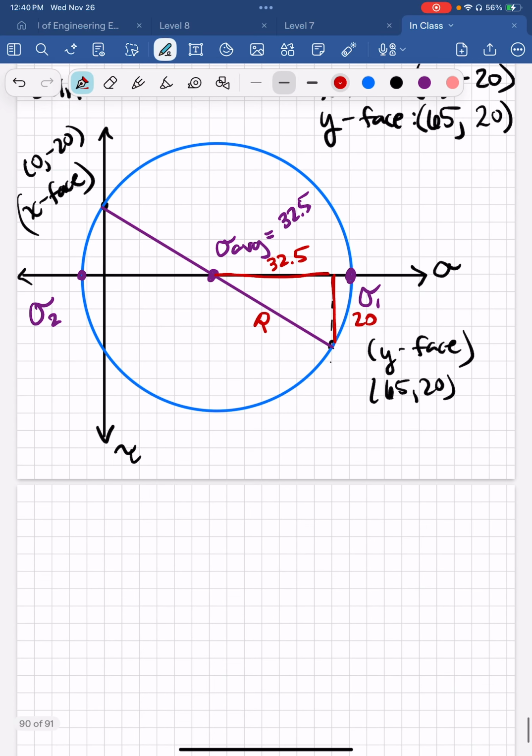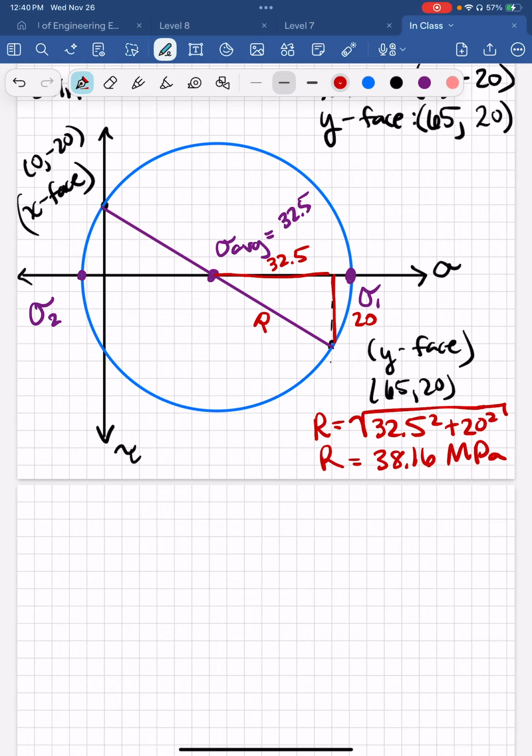So R is going to equal the square root of 32.5 squared plus 20 squared. Run it through my calculator. 38.16. So now we know the R.